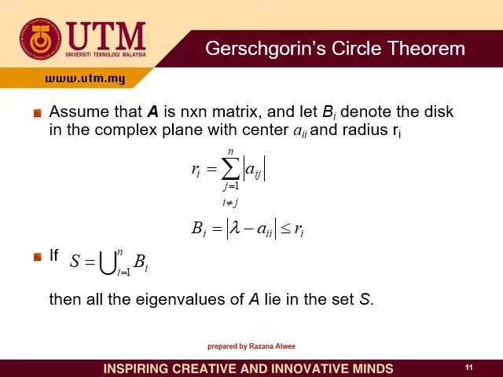This is where the Gershgorin circle theorem comes in, which can help us find the spots where the eigenvalues will be located in the plane. This is the mathematical equation for the Gershgorin circle theorem, but I think it's better for us to go through the example to see clearly how to find the location of your eigenvalues.